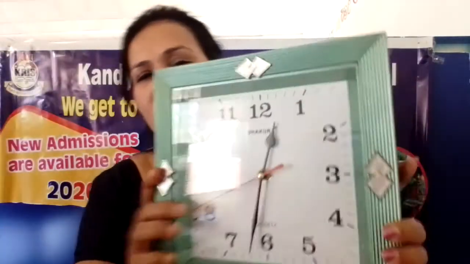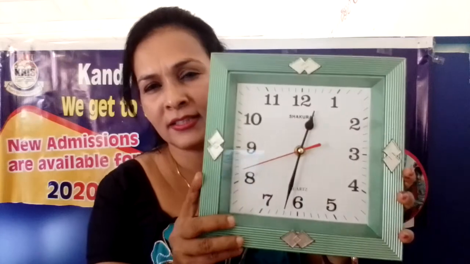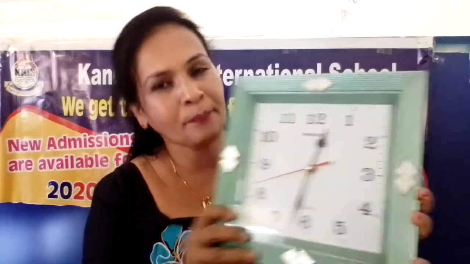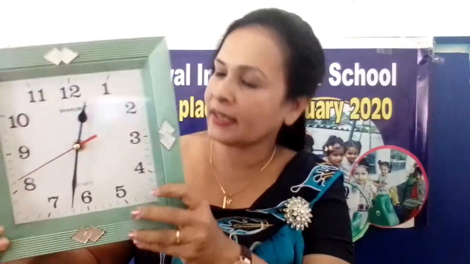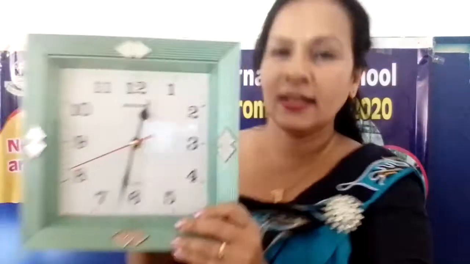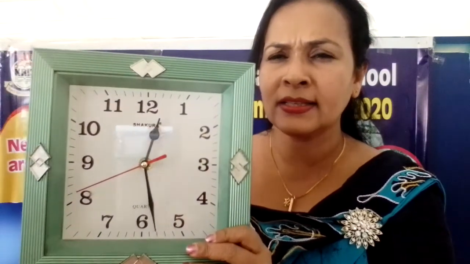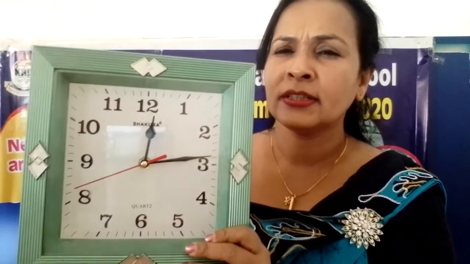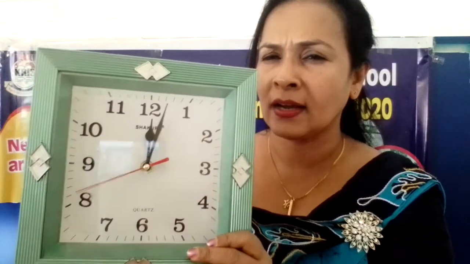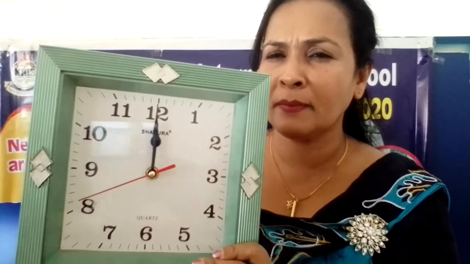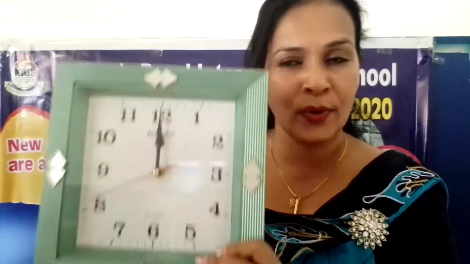See, look at this. This is a clock. Now see, when I read this one, look well. Now the long hand is near which number? 12. Now both hands are near number 12.